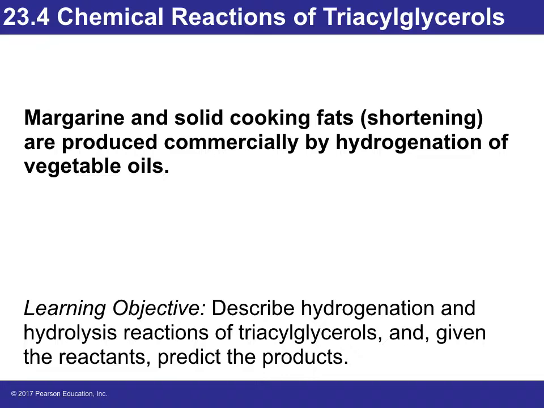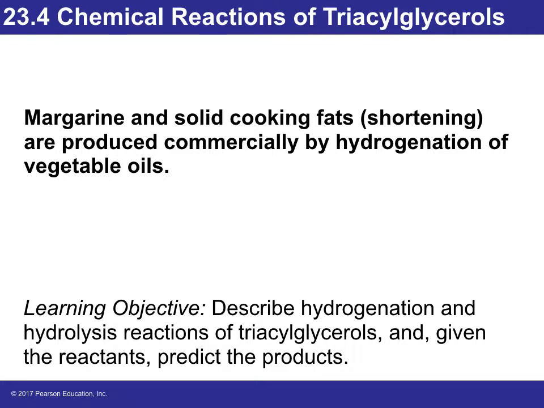Margarine and solid cooking fat shortening are produced commercially by hydrogenation of vegetable oils. What happened is people realized that unsaturated fatty acids such as oil are healthier to prevent atherosclerosis. But of course it's a little bit hard to spread your olive oil on your piece of bread in the morning.